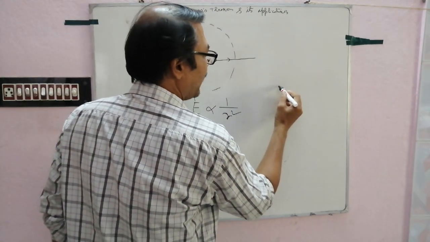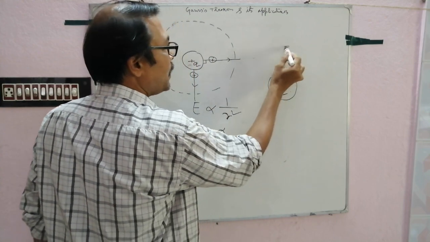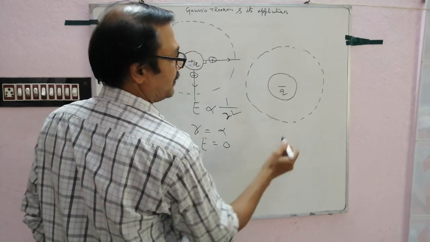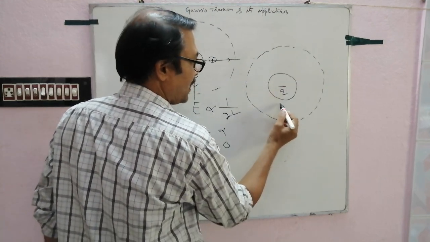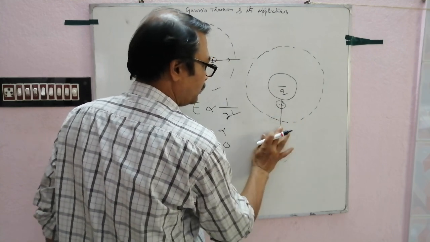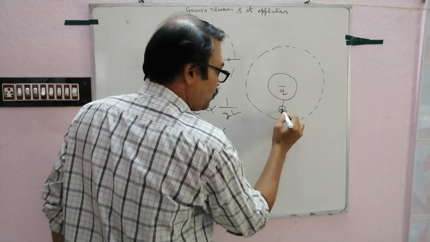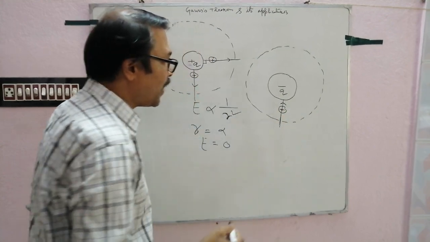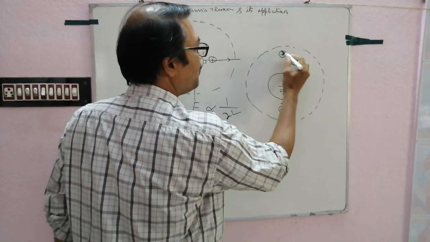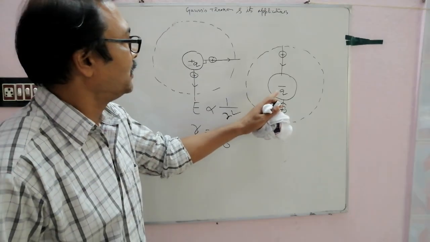If we take a negative charge minus Q, then similarly it will produce an electric field surrounding it. If we place a positive test charge here, due to attraction it will move towards minus Q. If we place this positive test charge here, it will move towards the source charge.